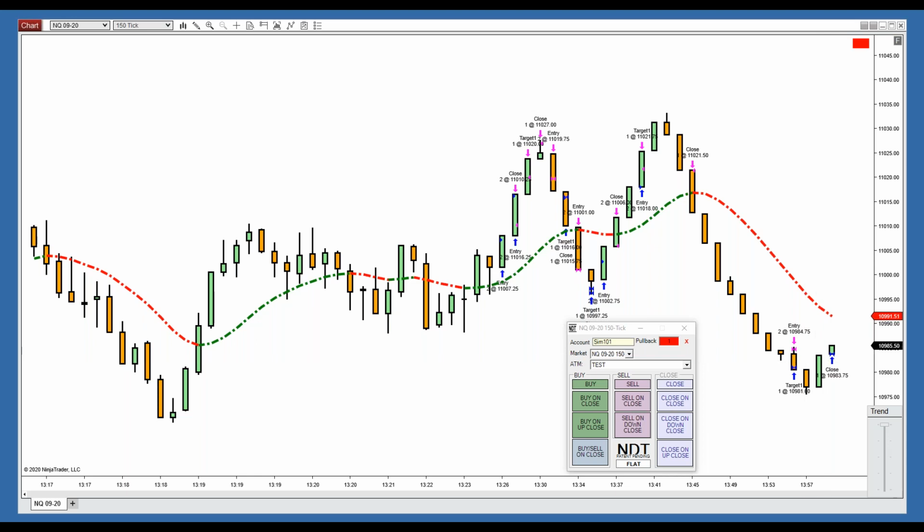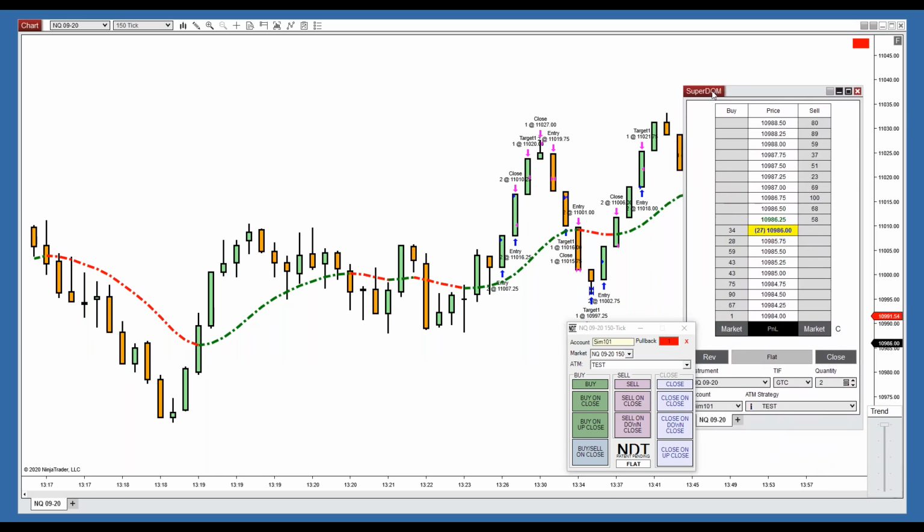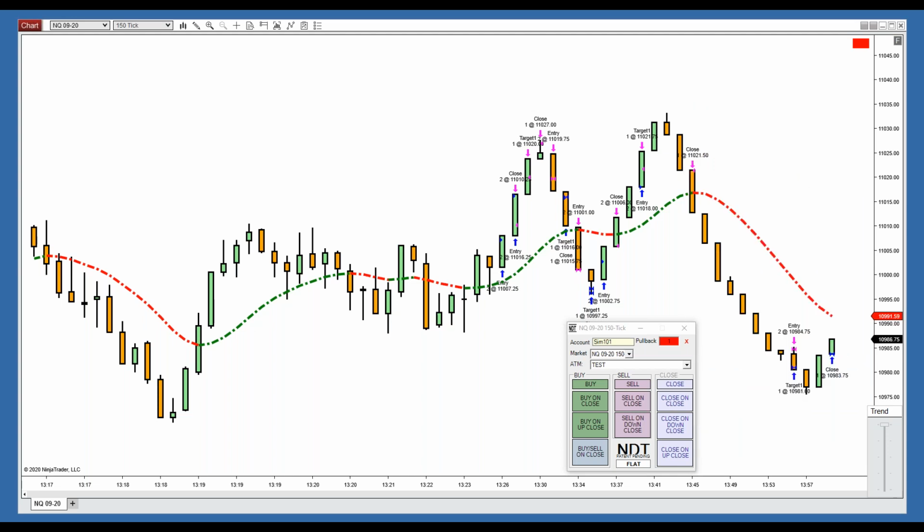Now, again, not to overemphasize, but I don't want to be looking at this thing and putting in buy stops, sell stops. And you could never configure a close on an up close on a short trade or a close on a down trade unless you're sitting there watching the candle and running in to take that close and then closing it one tick above. It's just impossible. And I don't think it's a practical way that you can trade, but you can see how easy it is to trade off of this tool.